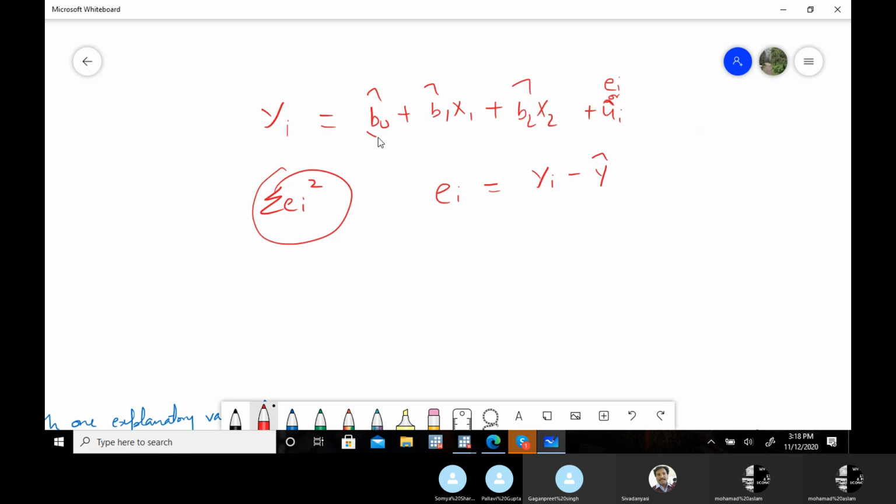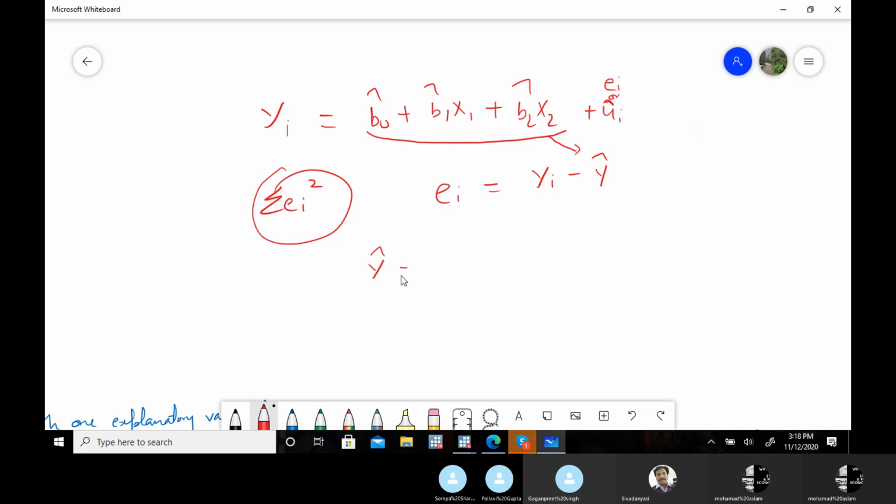This is y hat and this is yi. This is the residual part. If we take it in deviation form, let me write it in deviation form.